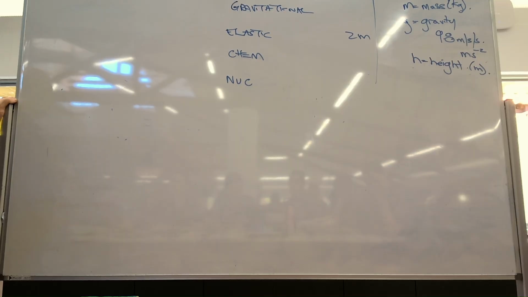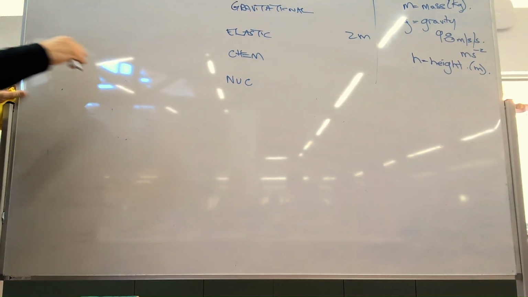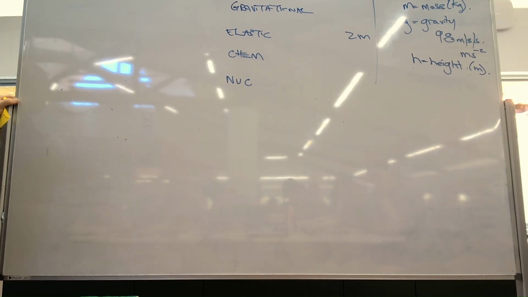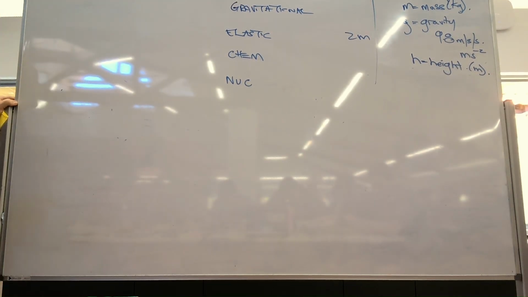So you can work out how much energy something has by being held off the ground. Elastic is the energy stored in a spring, like the pop ball that we did in class. Chemical, that's batteries. Whenever you have a battery, that's a store of chemical energy.